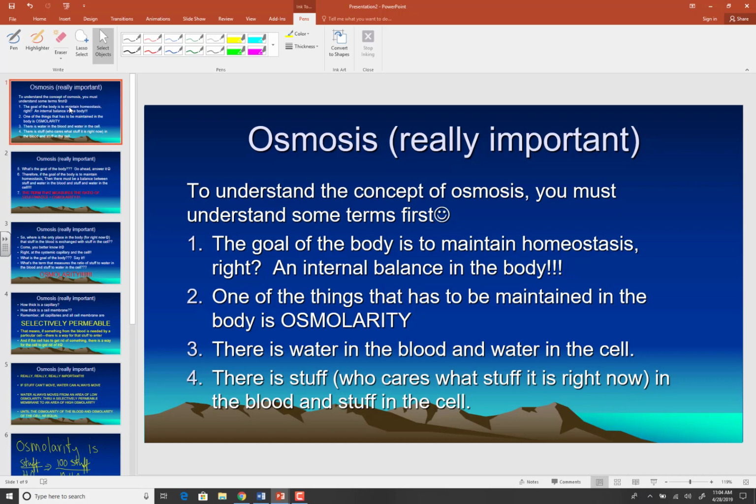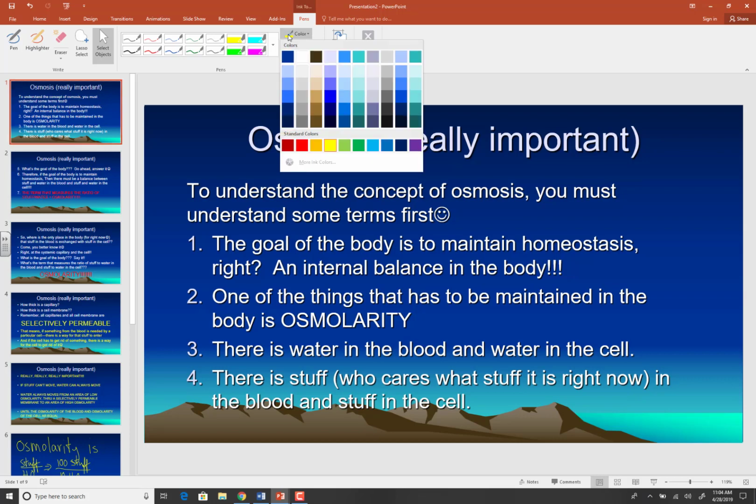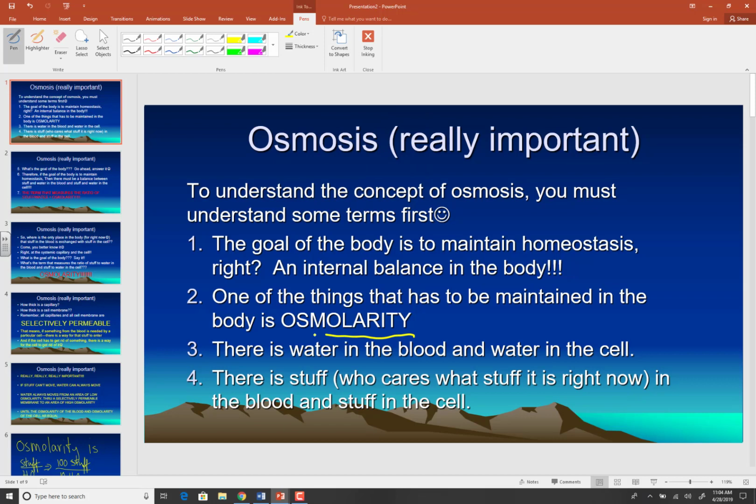remember that the goal of the body is to maintain that internal balance. And one of the things that the body has to maintain, both in the blood and in the cell, is this concept called osmolarity. So osmolarity is a measurement.